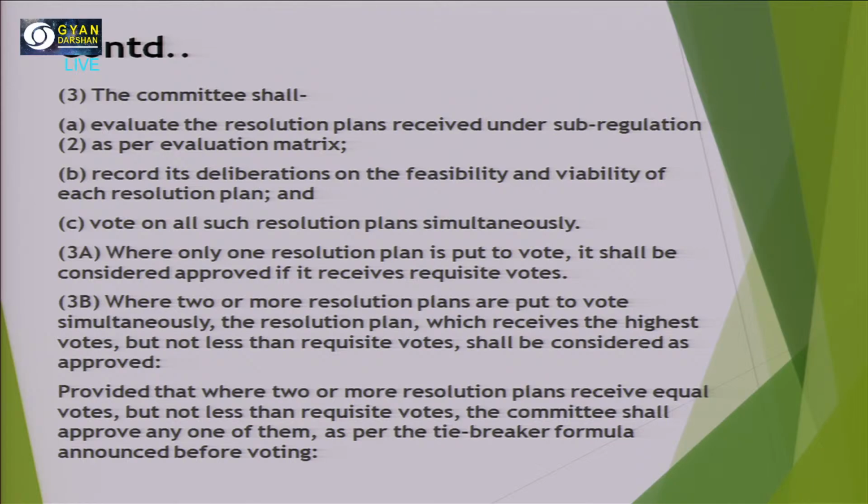However, a situation arises where two or more plans have equal votes. In such a situation, there is a requirement of a tiebreaker formula. Generally, the scoring as per the evaluation matrix is referred to, and the H1 who has gained the maximum score as per the evaluation matrix, his plan is considered approved and given to the adjudicating authority for approval.